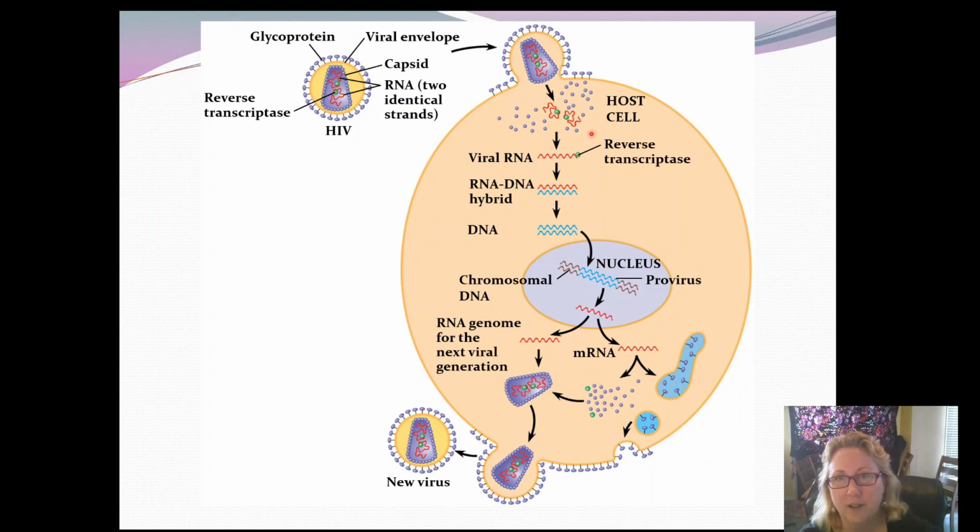They enter the cell. They have to bring one of their own enzymes with them, reverse transcriptase, because they're an RNA genome that's going to be converted into DNA. Now, no living cell has an enzyme that can convert RNA into DNA.